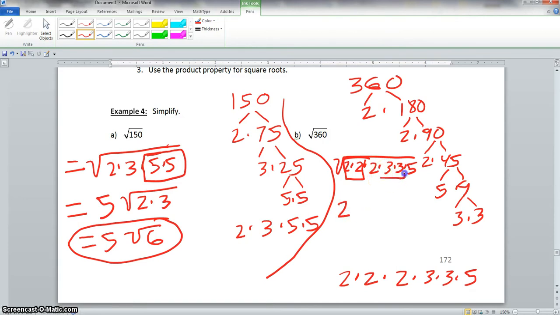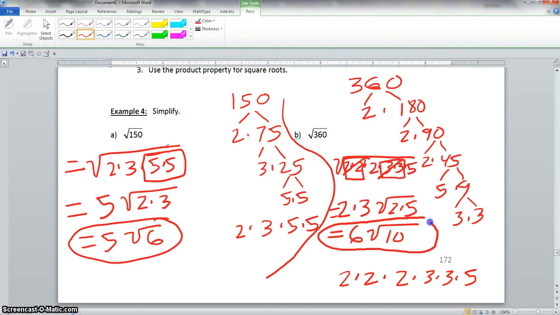We have 2 3's here, so that means we'll pull 1 3 out. Now, after we pull these out, we're left with a 2 and 5 under the radical. So we leave our 2 times 5 under the radical. Now, we would take 2 times 3, which is 6. The square root of 2 times 5 is 10. So our final answer here is 6 times the square root of 10.